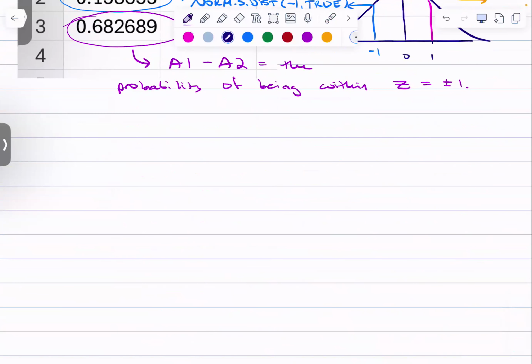So for our example, Z is centered on 0 and sigma is 1, and we had a 1.7.